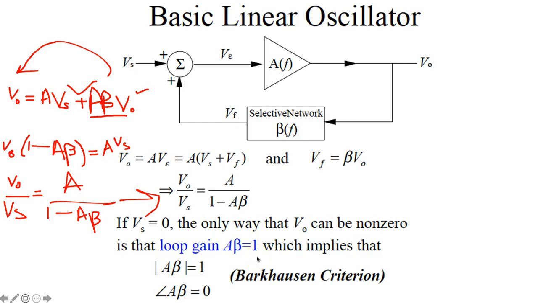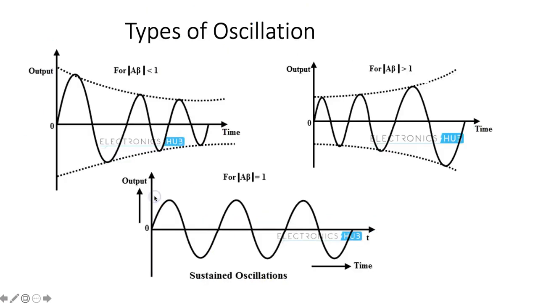That is the condition of a sustained oscillation. We are going to see that next. This condition when A beta is equal to 1 is obtained from Barkhausen, a scientist who discovered it, and that's why it is called the Barkhausen criterion. Now moving on to the next slide.